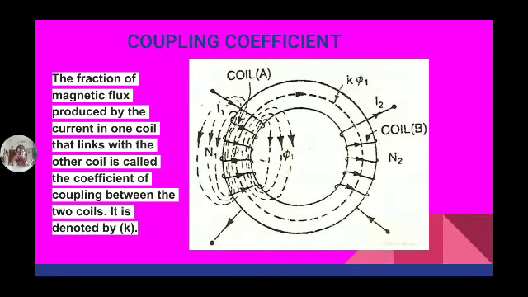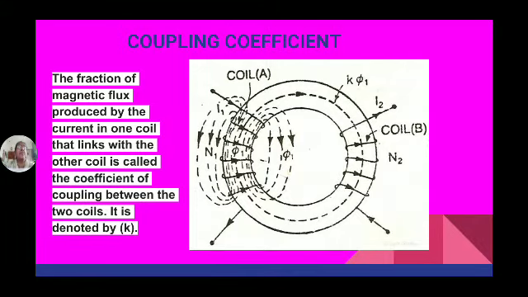If 100 milliwebers of flux is produced and 70 milliwebers is linked, then the coupling coefficient is 0.7. If 50% is linked, then the coupling coefficient is 0.5. Like that, the fraction of flux developed in coil 1 that links with coil 2 is known as the coupling coefficient. It is denoted by the symbol K.